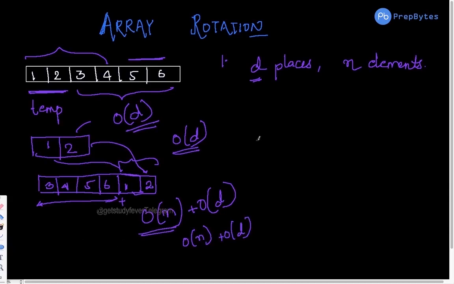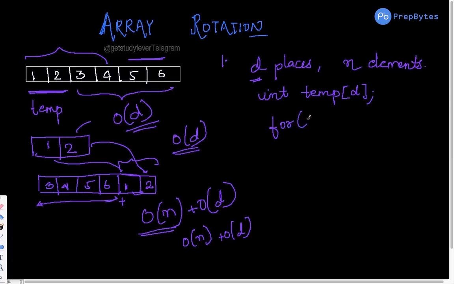So before we go on to see another approach in which maybe we do not need this much extra space, let's see how we implement this particular thing. We'll just write the loop for this. So what I will do is I'll take a temp array, I'll copy elements from i equal to 0 to i less than d from arr to temp.